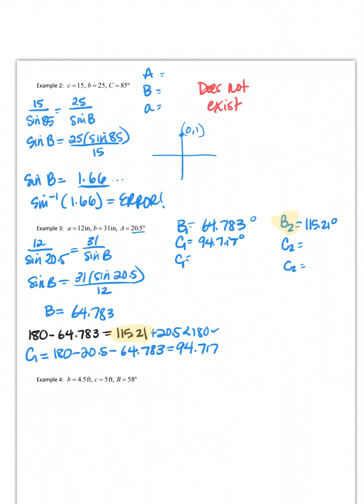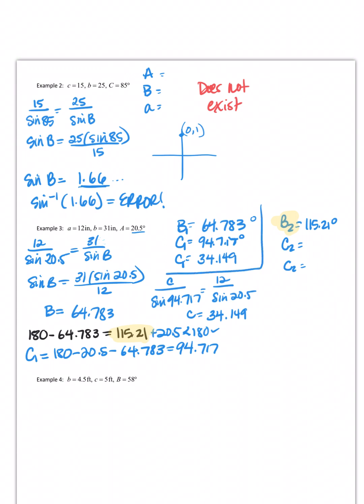And then to find little c, I'm going to set up my ratio, solve it out, and when I run the math, it comes out to 34.149. Okay, so I've solved one triangle. So triangle number 1, there we know that exists.